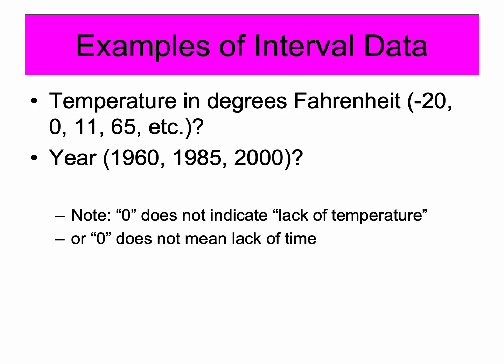Some other examples of interval data would be degrees in Fahrenheit. Right, so we talked about temperature already, but again, while the intervals are consistent as we move up and down on the scale, it doesn't mean that if you have a 0, it's a complete lack of temperature.